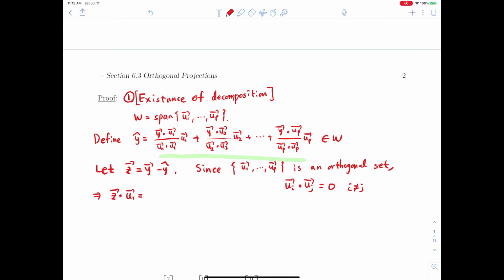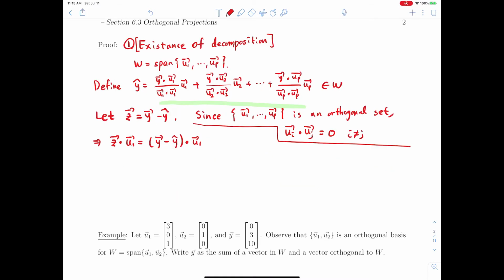So if you take the dot product with, say, u1, then by definition we have z equal to y minus y hat. If you distribute u1 into the parentheses, then we have y dot product with u1 minus, where y hat is given above.